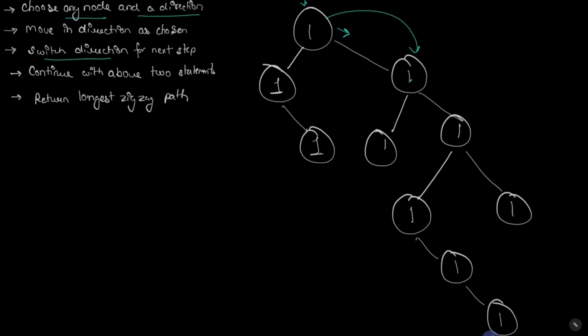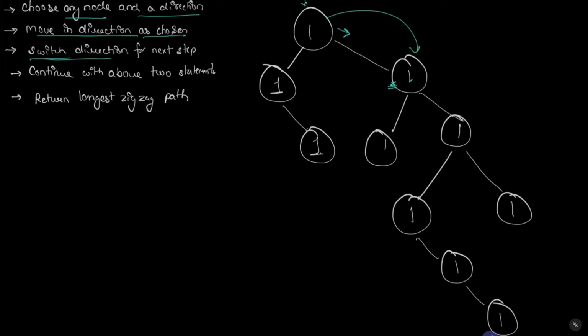Now we'll have to make a switch for the next step. At this particular node, to make the next jump, I must know which direction I'm coming from, correct? Otherwise it won't work, since our statement is we'll have to switch the direction from whatever was chosen.